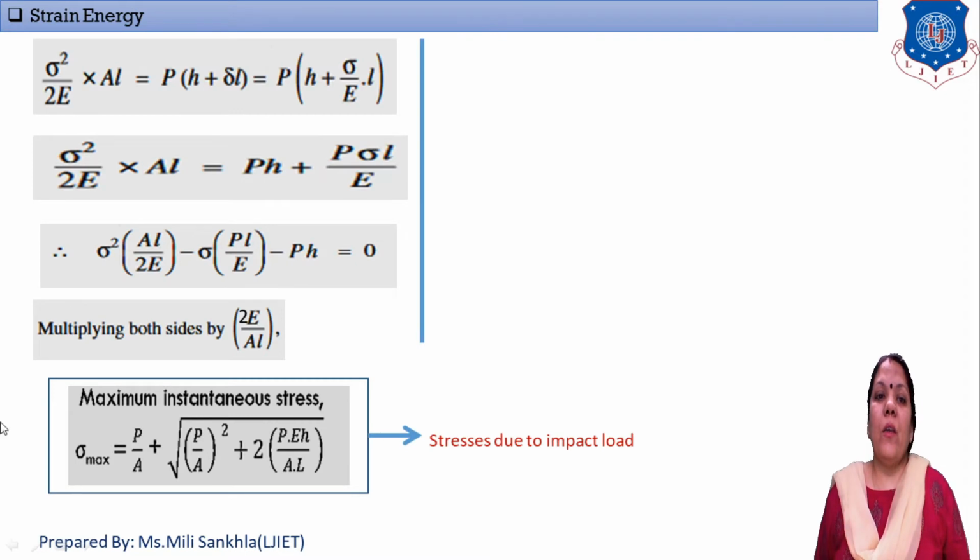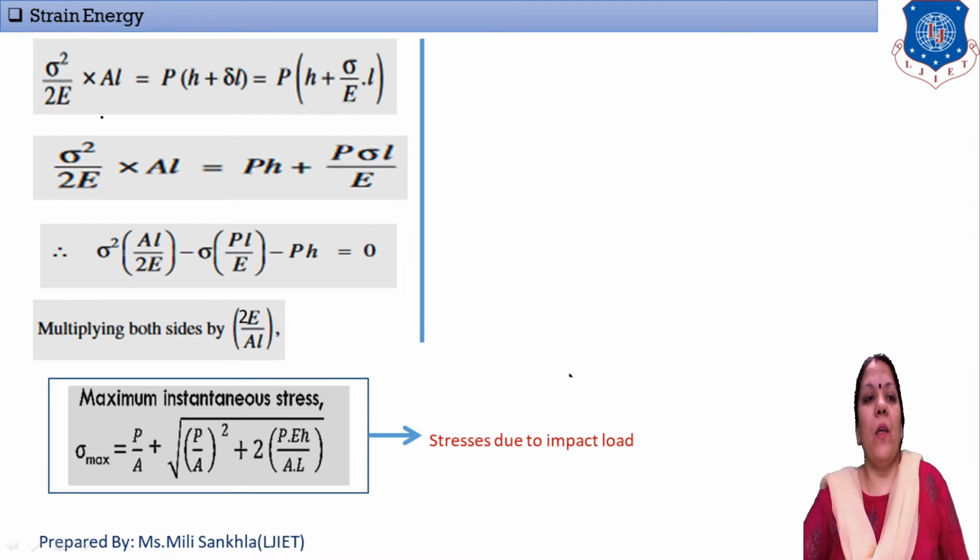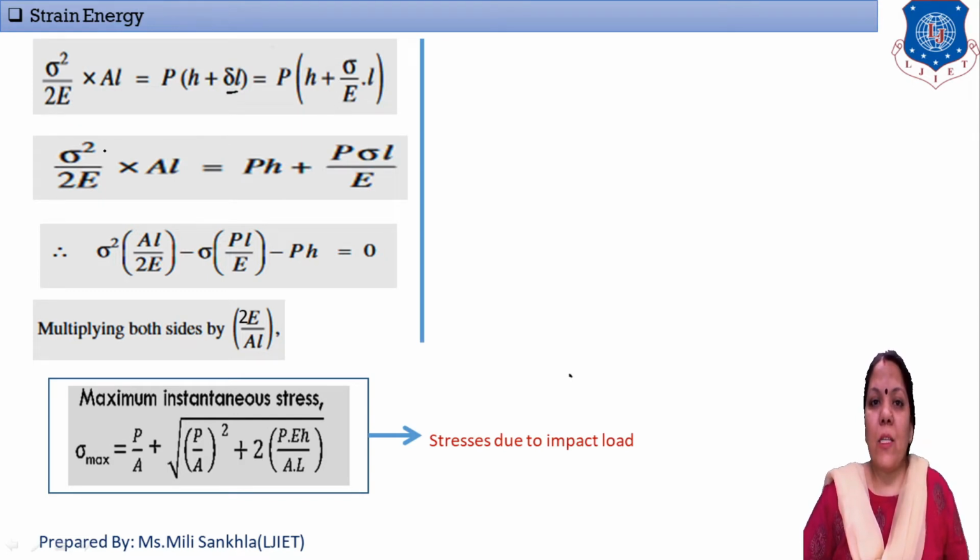Sigma square over 2E into area into length, this is our volume, right, area into length, equals P into h plus delta L. Now the value of delta L is sigma L by E, so P h plus P sigma L by E.